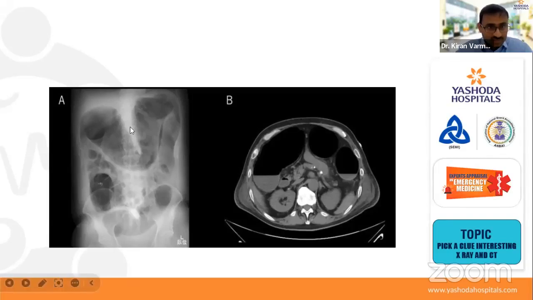See, you don't find anything here like plicae circulares, located peripherally. When you are reading any image, compare with the history. Without looking at the history and clinical findings, don't jump onto the diagnosis. Yes, sepsis first, toxic megacolon only. You're right. In the CT also, dilated bowel loops.